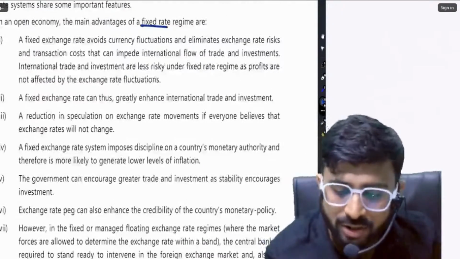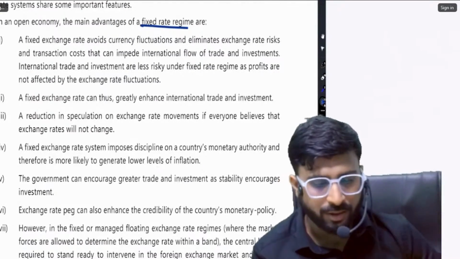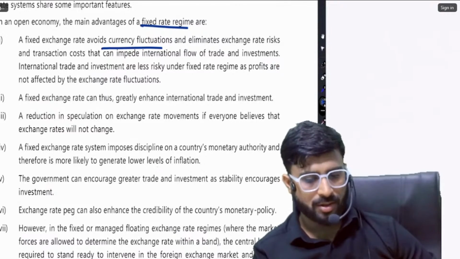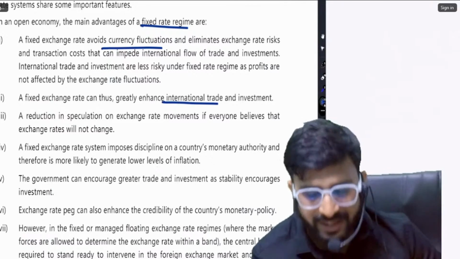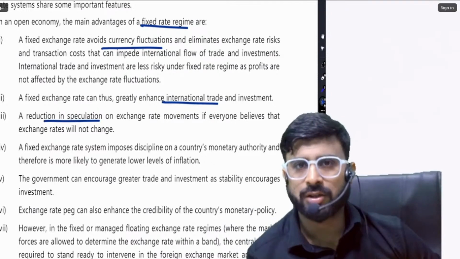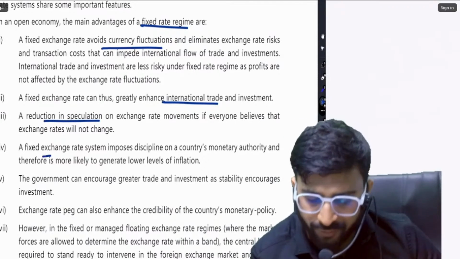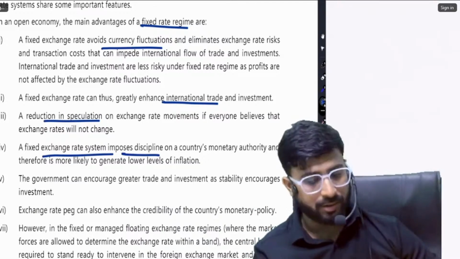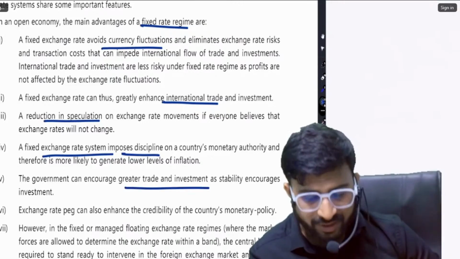What are the main advantages of a fixed exchange rate regime? Number one, it avoids fluctuations, enhances international trade, and reduces speculation, that is guesswork. A fixed exchange rate imposes discipline, and brings greater investment and trade.